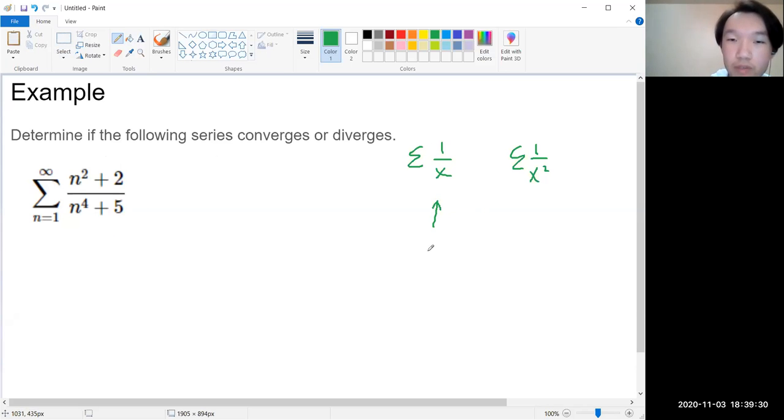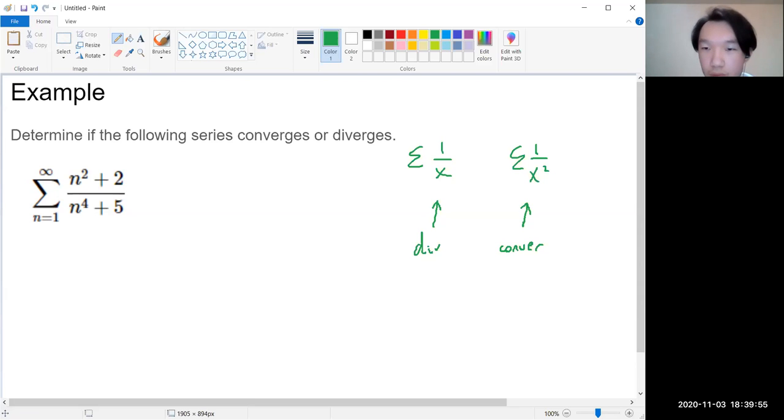This one is divergent, and this one is convergent. I don't think you can use that argument, because in both of these examples, the exponent in the denominator is greater than the exponent in the numerator. So we need some other argument besides that.